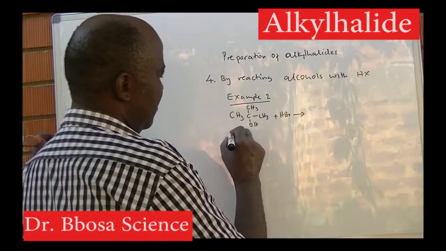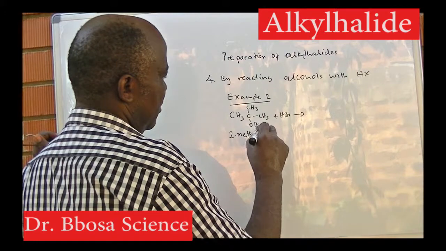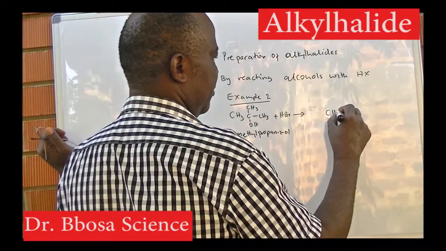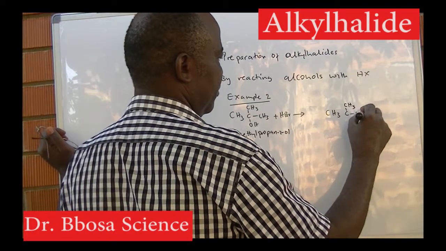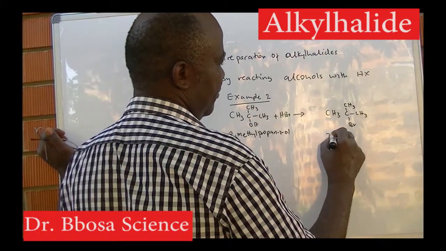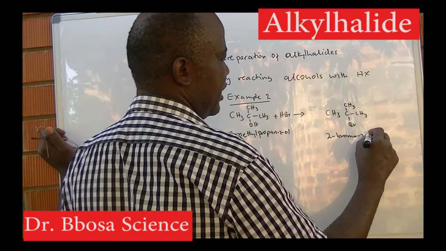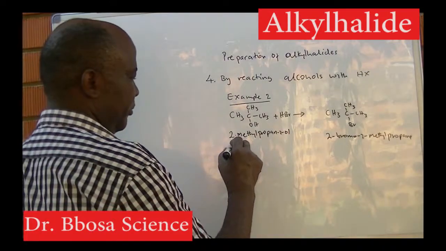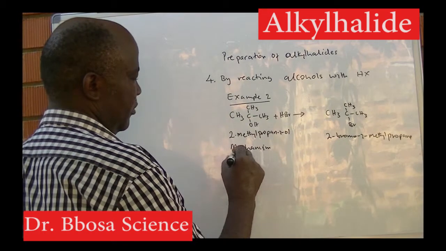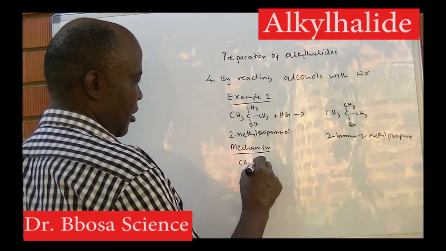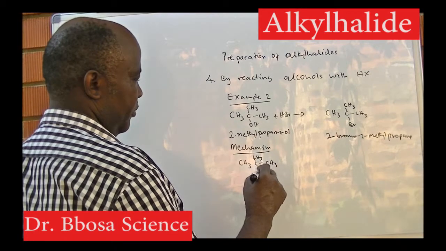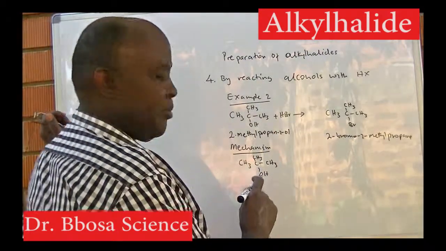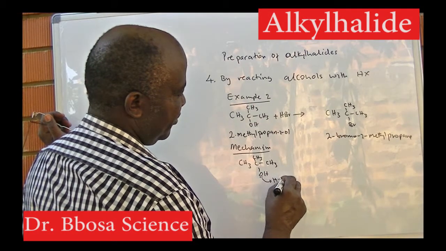Example 2: 2-methylpropan-2-ol reacts with HBr to form 2-bromo-2-methylpropane. Mechanism: 2-methylpropan-2-ol uses a lone pair of electrons on the oxygen atom to abstract a proton from HBr.